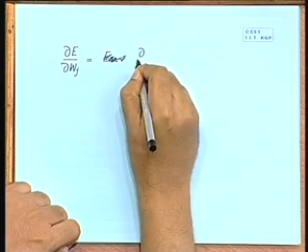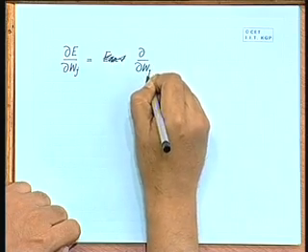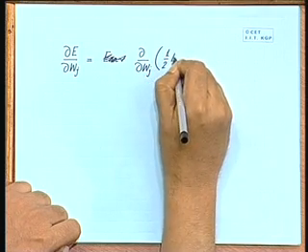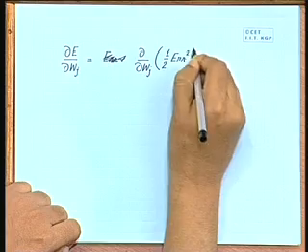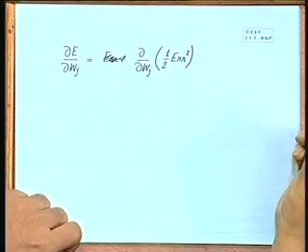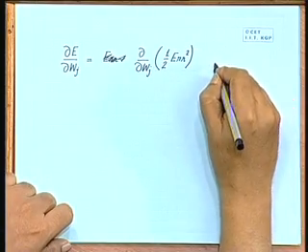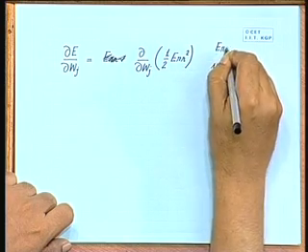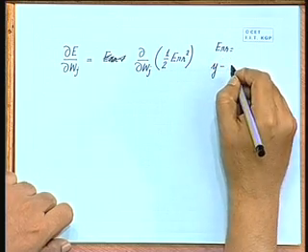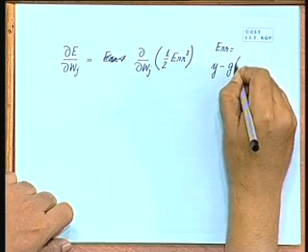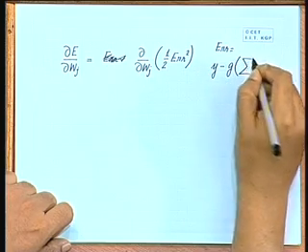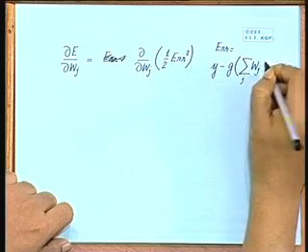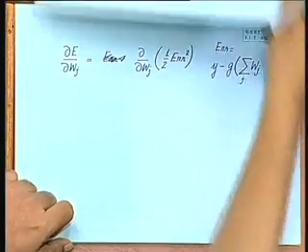It is delta by delta Wj of half of ERR square, where ERR was our y minus g of sigma over j Wj xj, and xj is the input.